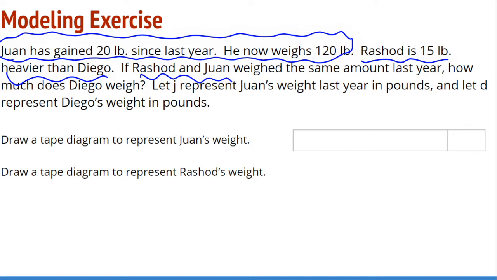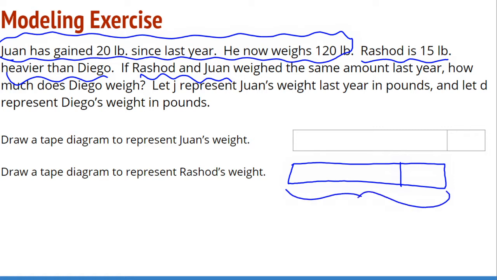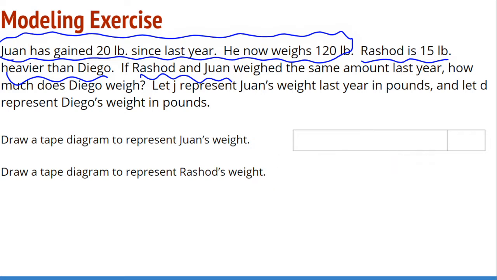So I know that Rashad and Juan weighed the same last year, so I have a tape that's the same size. But I also know that he is going to be heavier than Diego, so there's going to be two parts here. All of what Rashad was last year, but we also have his comparison or difference with Diego. So I've got two parts here.